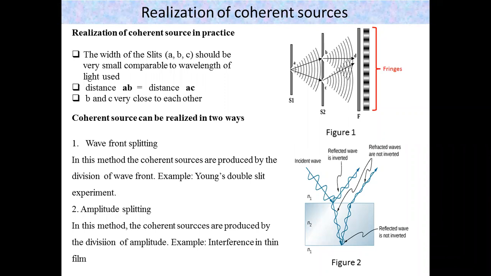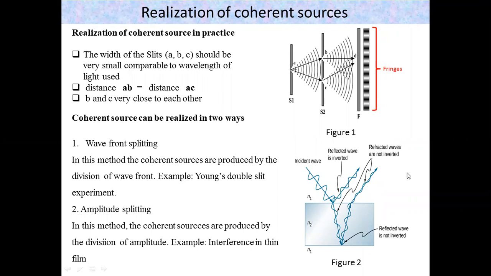These two parts of the reflected waves travel through different paths and superimpose on each other to produce the interference fringe.